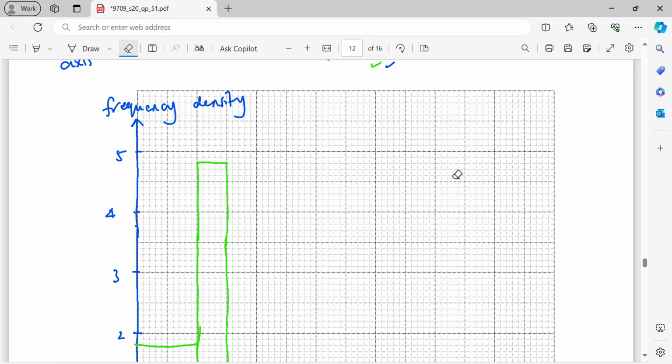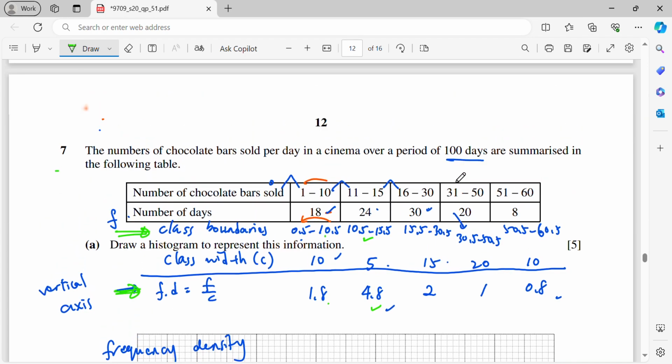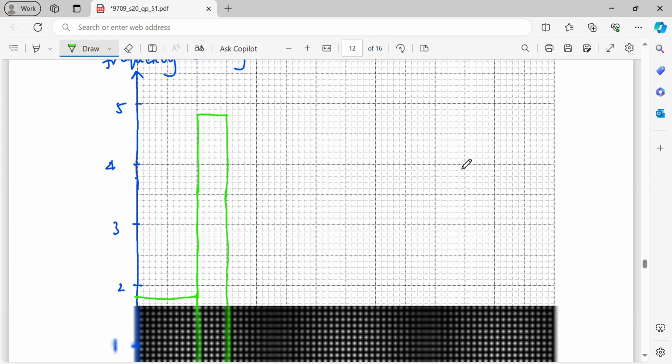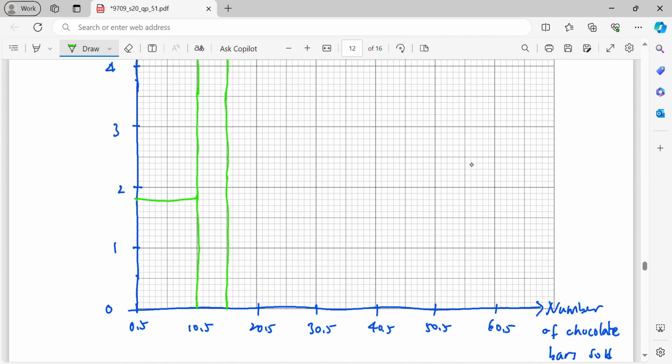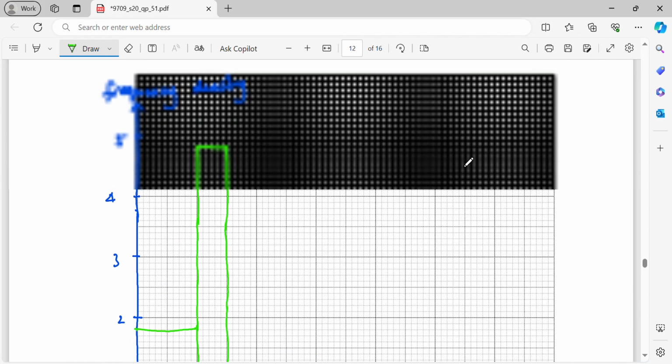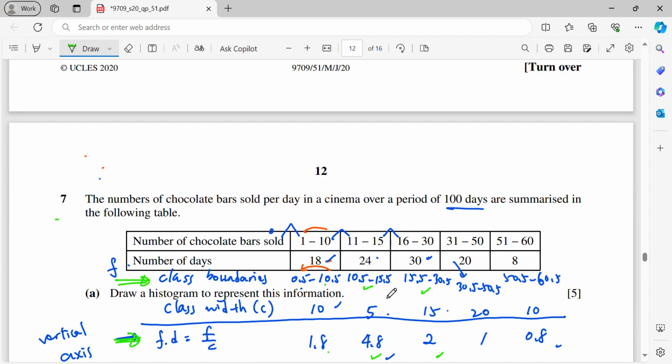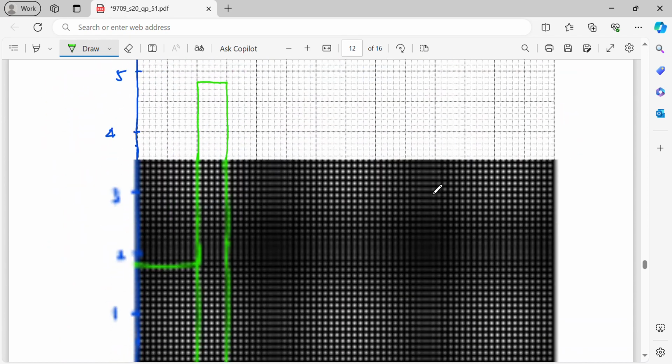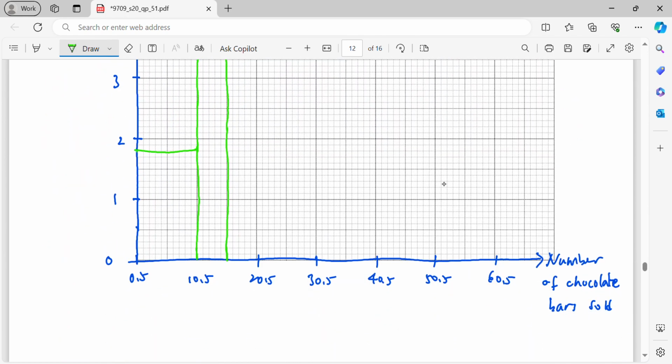Right, this is the histogram. Now the next is 15.5 to 30.5 and it's 2.